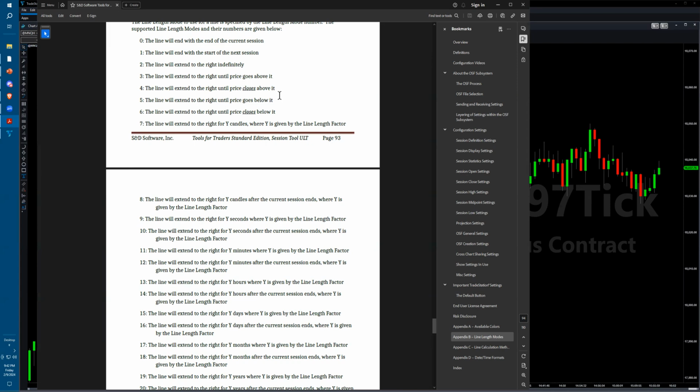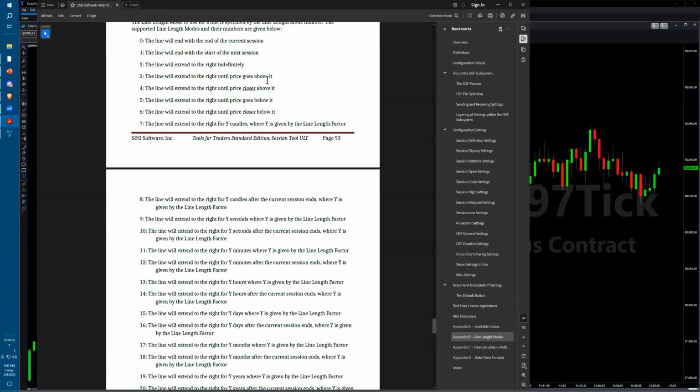Now, here's some of the more useful ones where you can have a line end when price crosses it. And you can get specific enough to where you can say that price has to close after crossing the line. So method number 3 here, the line's going to extend to the right until price goes above it. So you might use this with a session high.